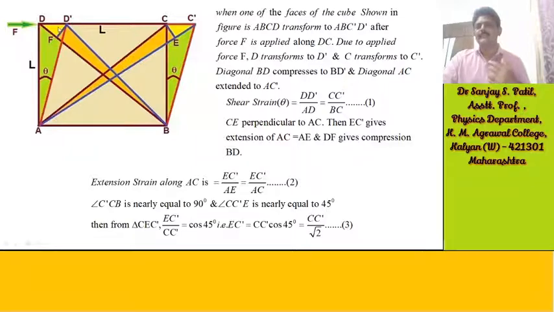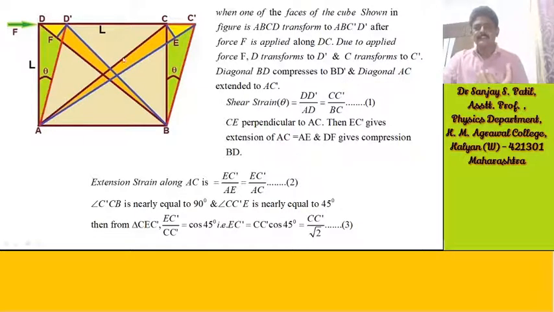After force F is applied along DC, due to the applied force F, D transforms to D dash, already I told you, and C transforms to C dash. So diagonal BD compresses to BD dash, and diagonal AC extends to AC dash.